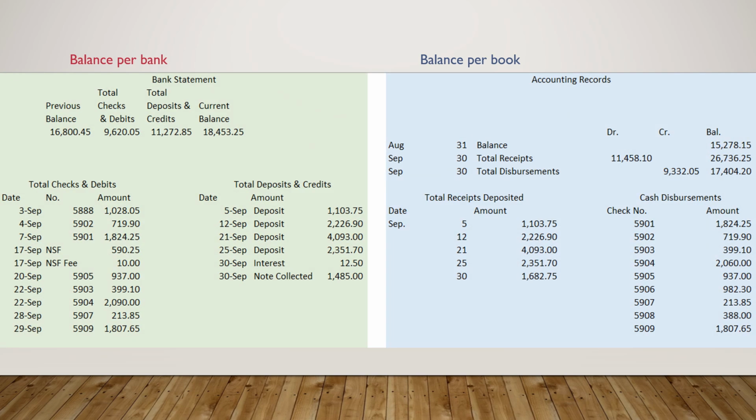First, we start with the balance per bank and the balance per books. You can find both of those at the top of their respective records. The current balance on the bank statement is $18,453.25, and the balance on the general ledger is $17,404.20.